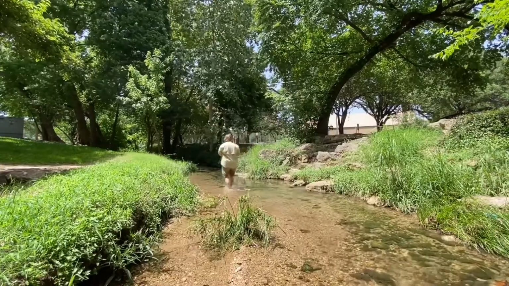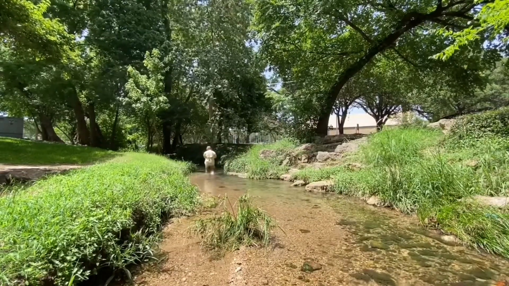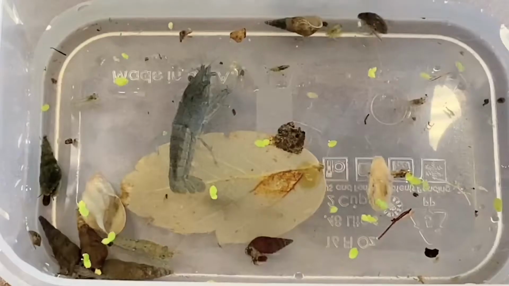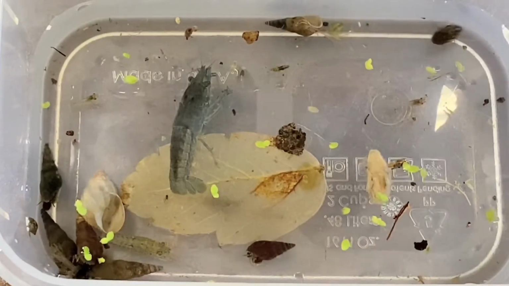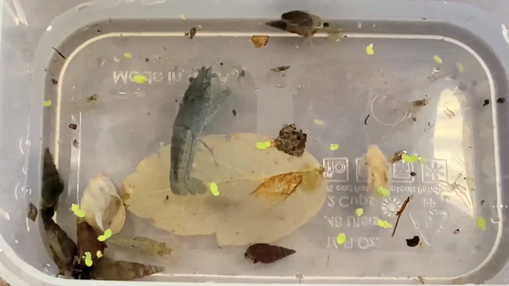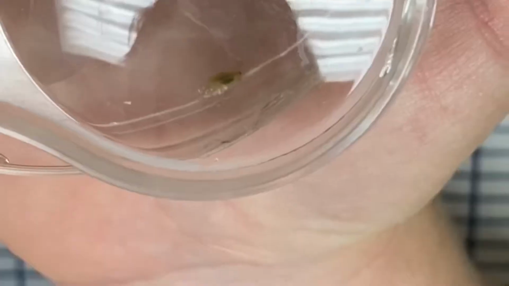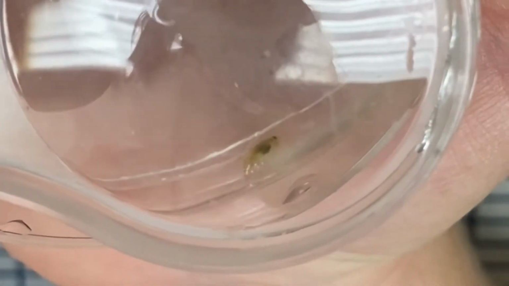Field work is one of the best parts of being an aquatic biologist. Once you have collected your invertebrates, use the key you have printed out to identify the animals. Be sure to look closely to count the number of legs or wings or tails your specimens have, as they are the characteristics we use to determine what critter we are observing.